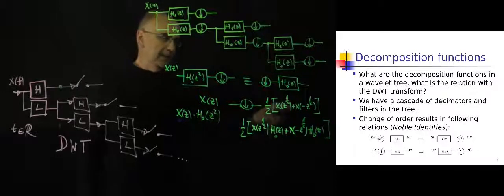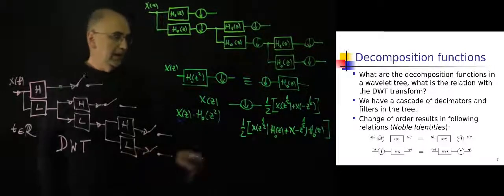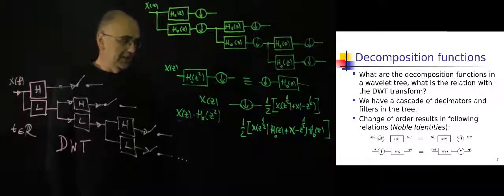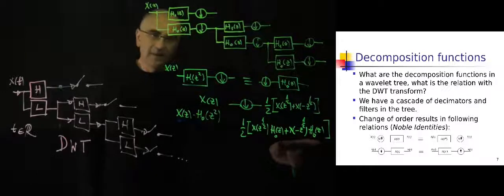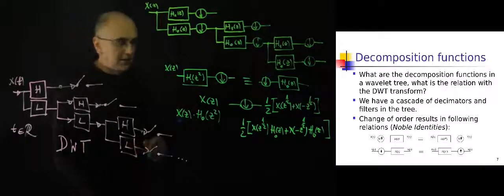So squaring the minus and z to the power of 1/2 gives H0 of z.